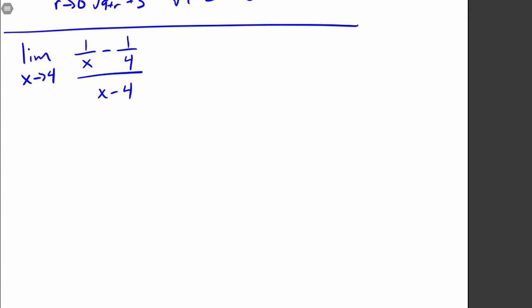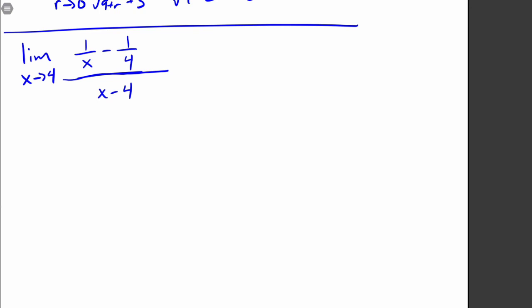If you have a situation like this, what you want to do is get your numerator to have a common denominator. You want to bring everything together, and that'll help you sort out any problems. Keep in mind the numerator is a fraction, and this whole thing is like a double fraction.